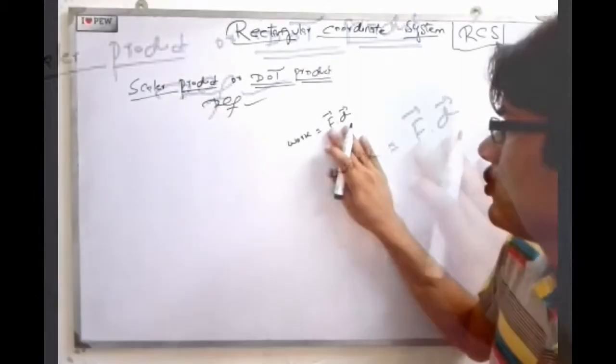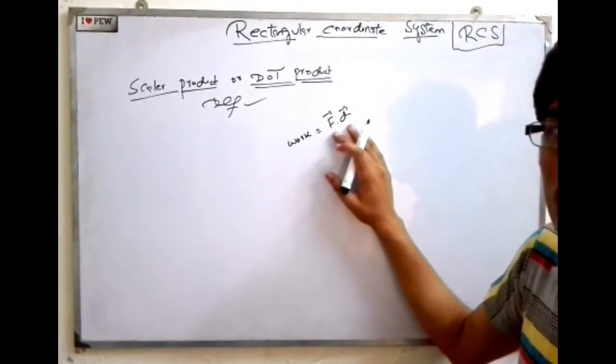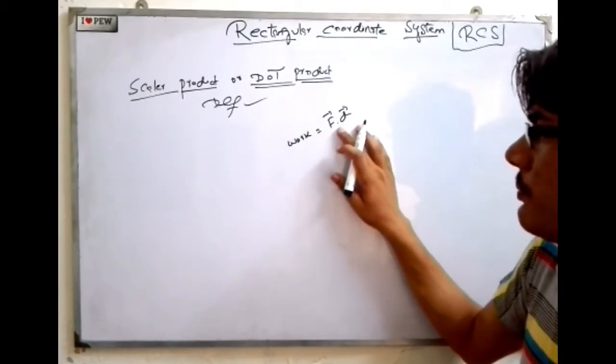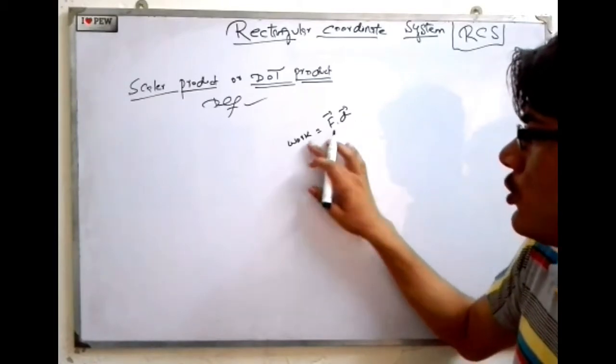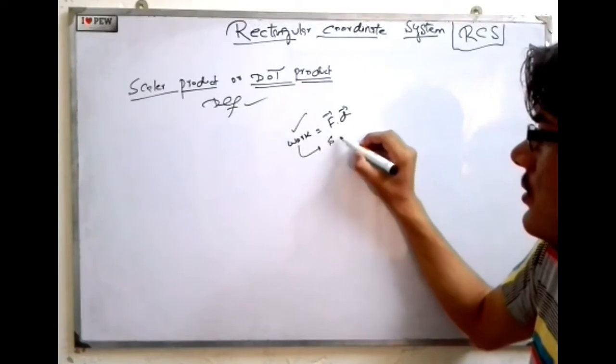These two are vectors, force and displacement. Force and displacement are vector quantities, and when we do the dot product or scalar product, it gives us the work, which is a scalar quantity.